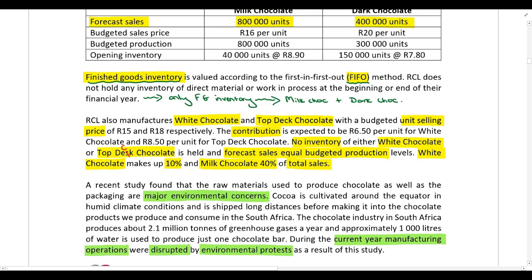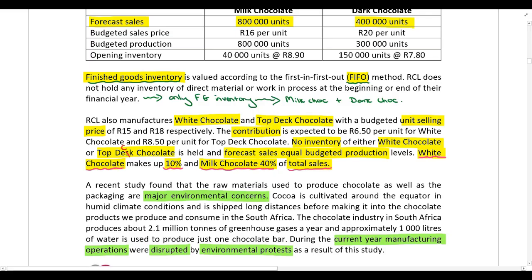Now, what you needed to identify is the fact that you've been told that white chocolate is 10% of total sales. So once we know what the total sales are, 10% of that is white chocolate. And you are also told that milk chocolate is 40% of total sales. Now, this is the link that you needed to identify.